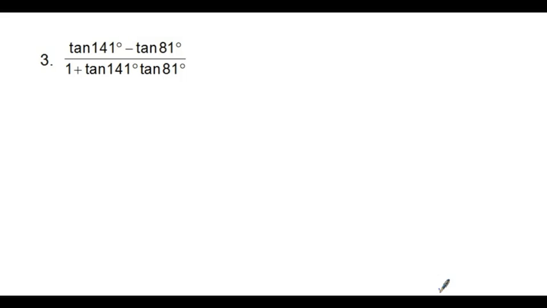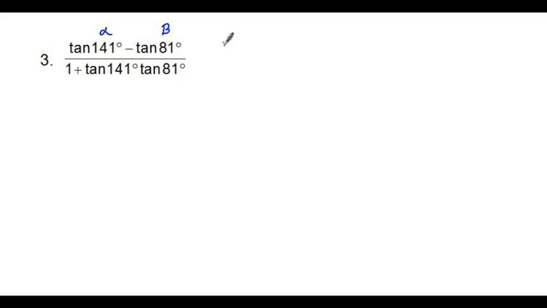If we compare this expression here to the tangent rules for the sum and difference, you can see that it matches up with one of those, where alpha is going to be the 141 and beta is going to be the 81. It looks really complicated, and I would not even want to try to figure all that out.